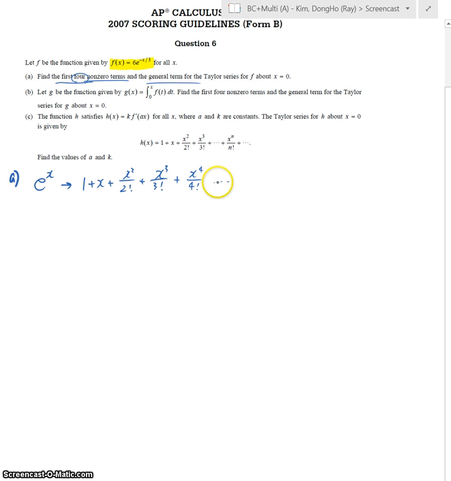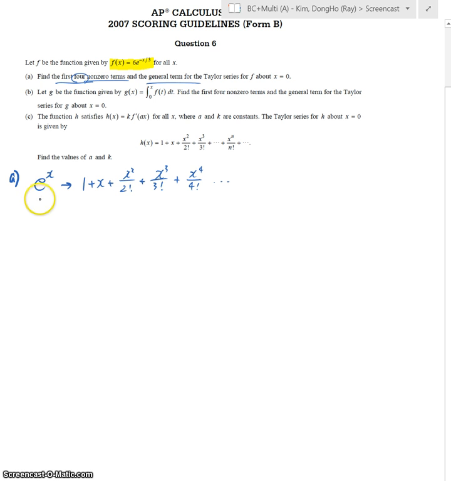So we have the general form, and we have to derive this Taylor series from the Taylor definition of e to the x that we memorized beforehand.